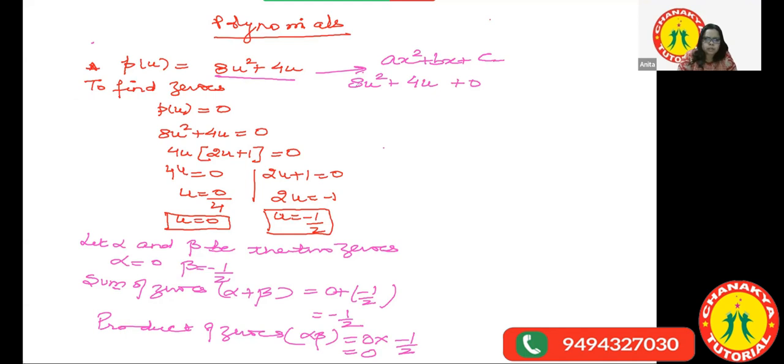Now write the values. Here, the coefficient of u square is 8. Instead of x square, you can write u square, which will be more convenient. So I'm writing here au square plus bu plus c. The value of a is 8 only.